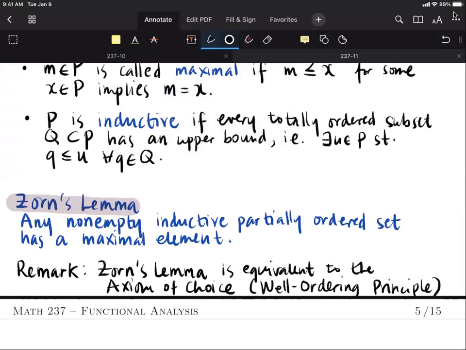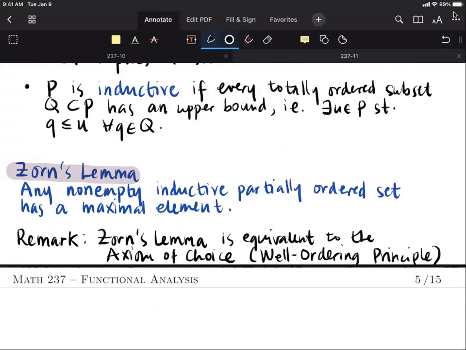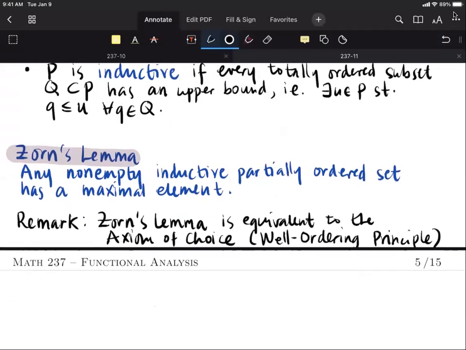So again, Zorn's lemma is equivalent under the ZFC set theory to the axiom of choice and the well ordering principle. So ZFC set theory refers to the set of axioms for the Zermelo-Fraenkel plus the axiom of choice.